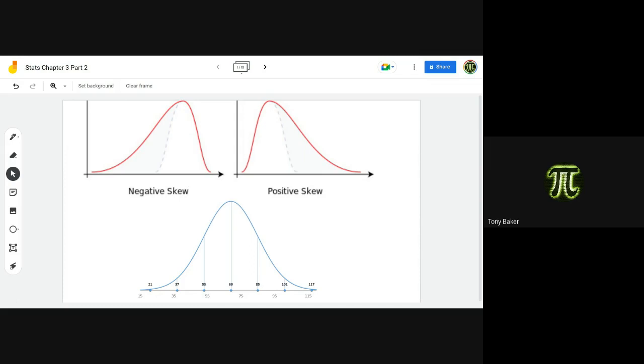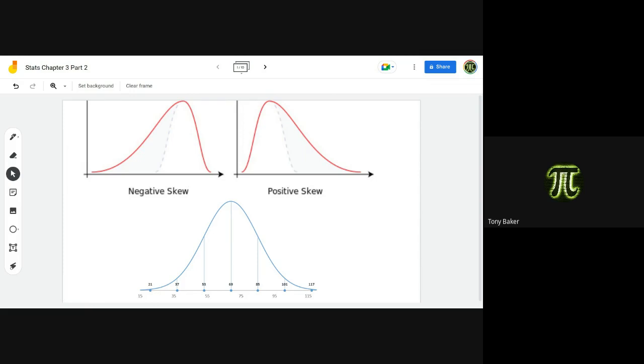So here's 3 different graphs. We've got a skewed to the right, skewed to the left, and then the normal bell curve there. When we're looking at standard deviation, one of the things, well, actually, glasses. If you were going to look at the graph, what are some of the things that you'd want to know or want to be able to figure out from this?